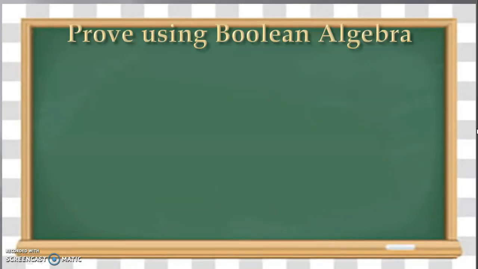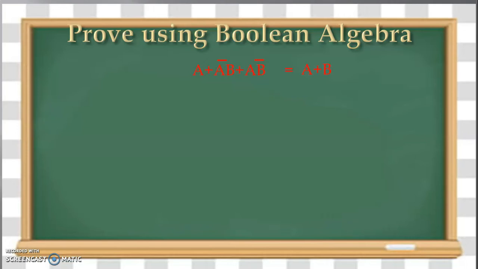Now we have the second part. We have to prove a given Boolean equation. So prove using Boolean algebra. One equation is given, that is A plus A bar B plus AB bar, and that is equal to A plus B. We have to prove this Boolean equation.